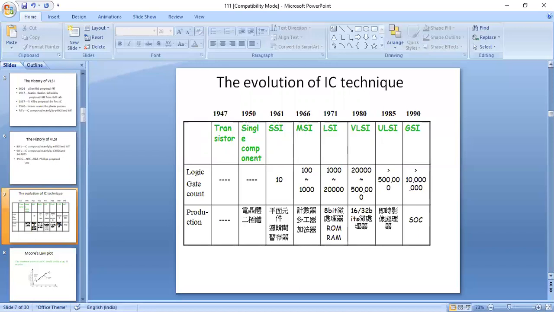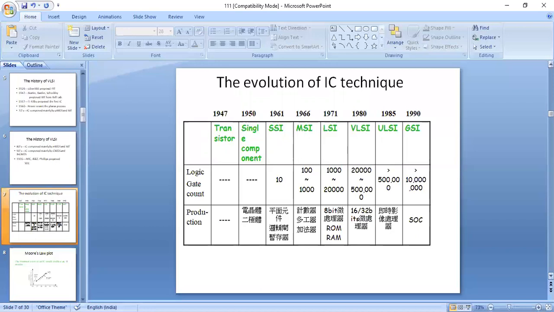Now we are in very large scale integration. As I said, the 4 megabit RAM chip is a good example for this very large scale integration. Here we can accommodate 20,000 transistors to millions or billions of transistors. So this is the evolution of IC techniques, integrated circuit techniques.